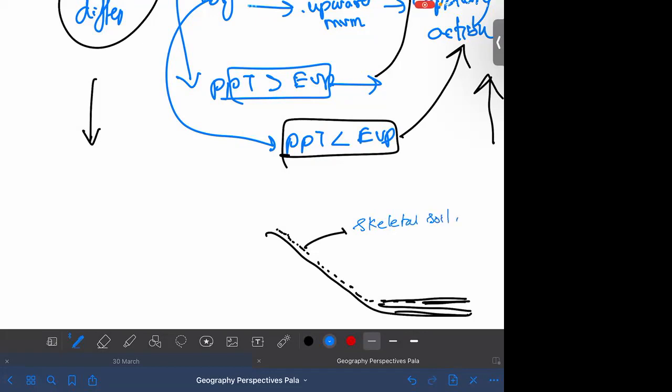In areas of steeper slope, the soil profile is found to be thin, as mass wasting is much faster on such slopes.